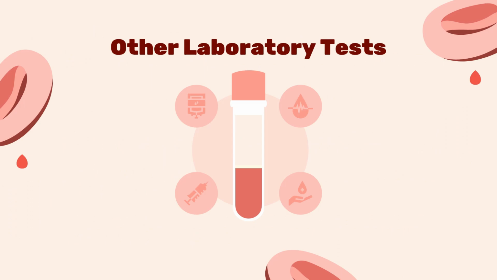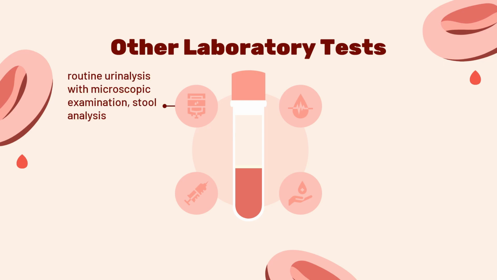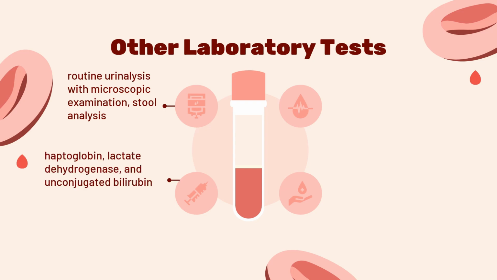Other laboratory tests. Laboratory tests can help determine the cause of anemia, including routine urinalysis with microscopic examination, stool analysis, and chemistry studies such as serum haptoglobin, lactate dehydrogenase, and unconjugated bilirubin.